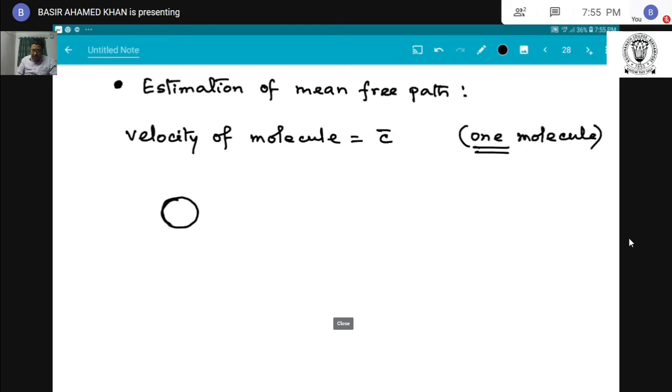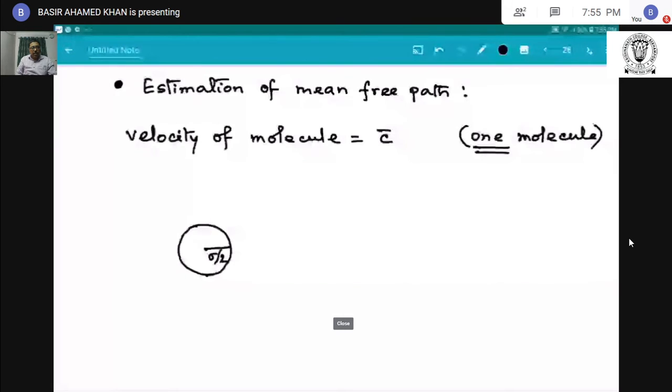That means here a molecule of diameter sigma. The diameter of the molecule is sigma, and therefore the radius of the molecule is sigma by 2.